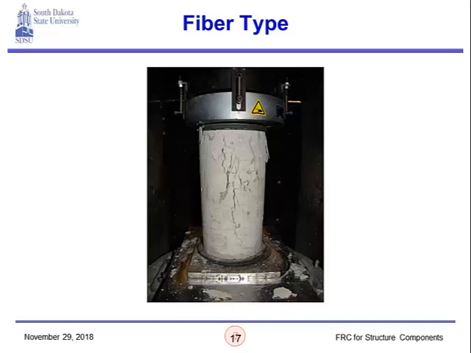But whether there was any slipping at the interface between the fibers and the cement paste or the concrete, we're not really sure. And whether there was or not, I'm not sure whether this would result in a reduction in the compressive strength. I don't know.